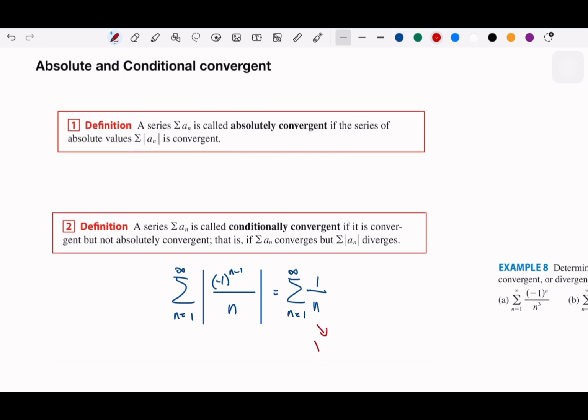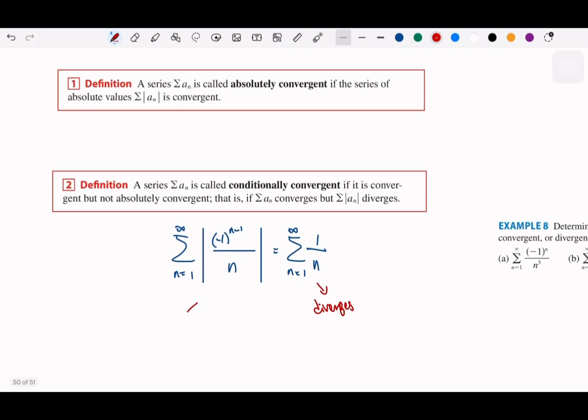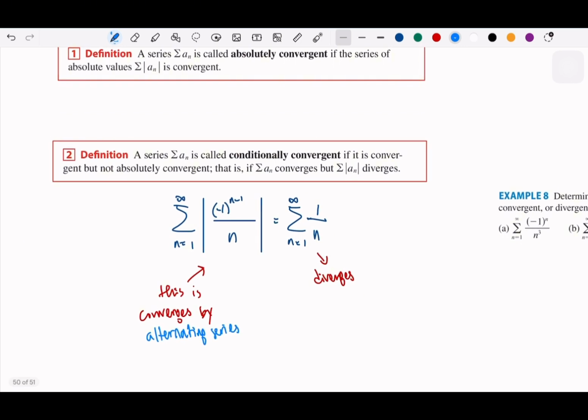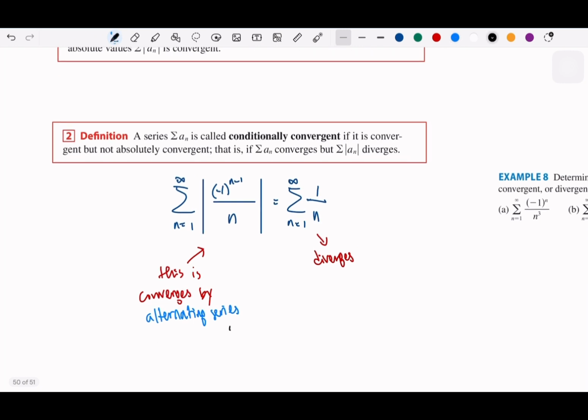So this diverges, but this converges by the alternating series. So we call this conditionally convergent.